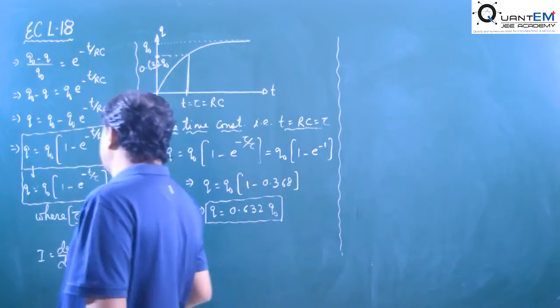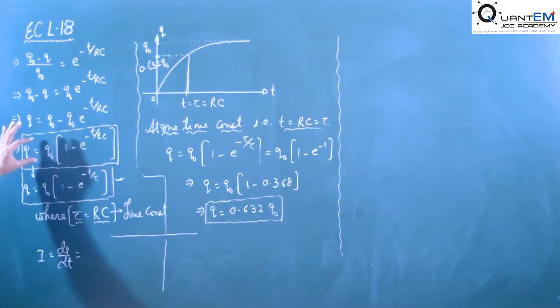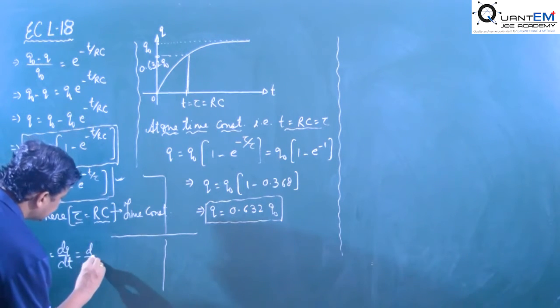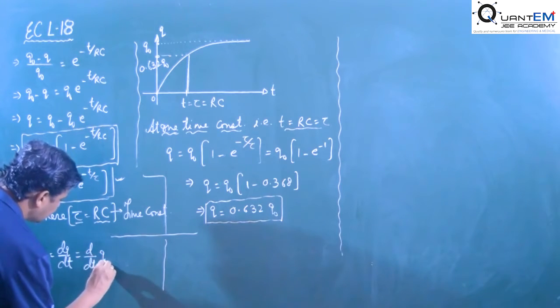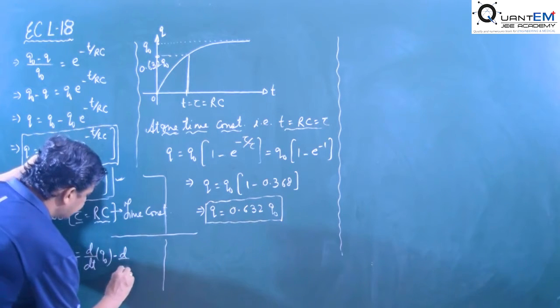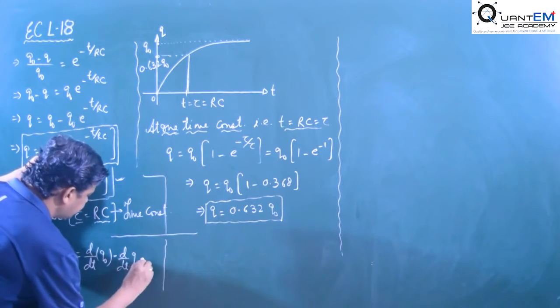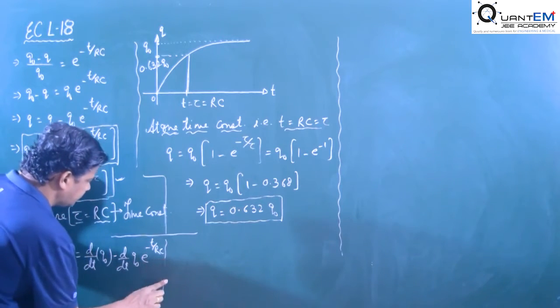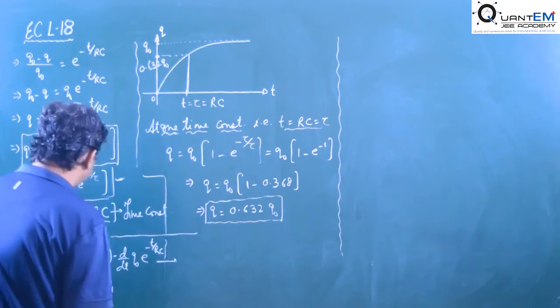Now we have I is equal to dq by dt. Differentiating, d by dt of Q naught, the maximum charge, minus d by dt of Q naught e to the power minus t by RC.